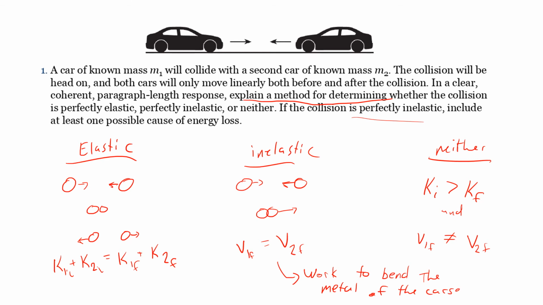Thinking of real life cars, if you crash into another car, which you shouldn't do at home, the bumpers are going to bend. Those bumpers are bending because they're trying to take the kinetic energy away from you and the car to slow you down more gradually, to do work. And that's where the lost energy goes.